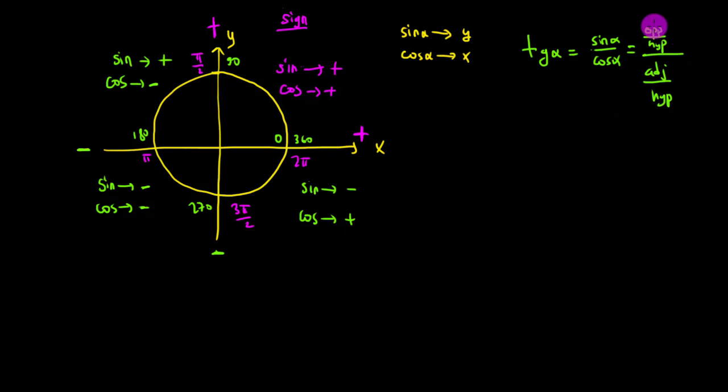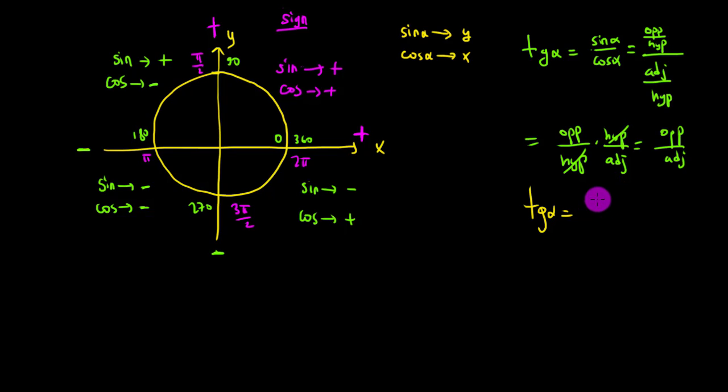If you divide these two, you get opposite over hypotenuse times hypotenuse divided by adjacent. The hypotenuses cancel, and you get opposite over adjacent. So tangent alpha is equal to sine over cosine.